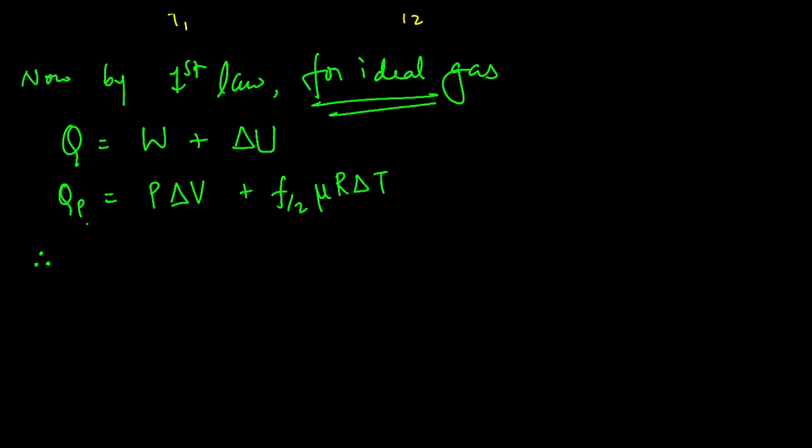QP is mu Cp delta T. Is that okay? This step clear? QP is mu Cp delta T.